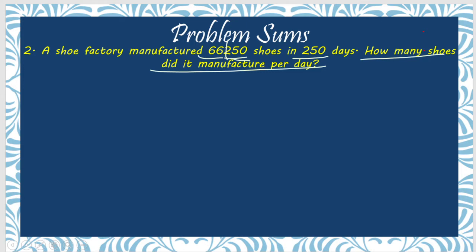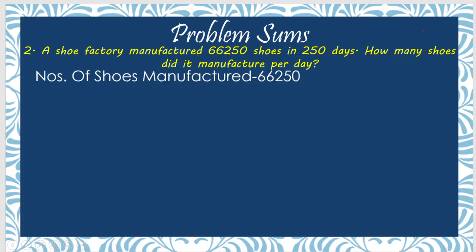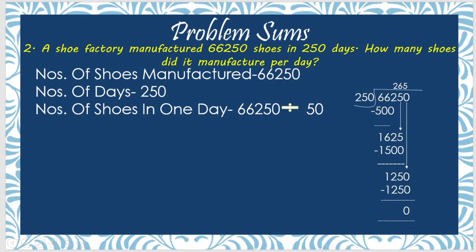When per day is written in the question, it means you have to divide. The statement will be: number of shoes manufactured, number of days, number of shoes in one day.